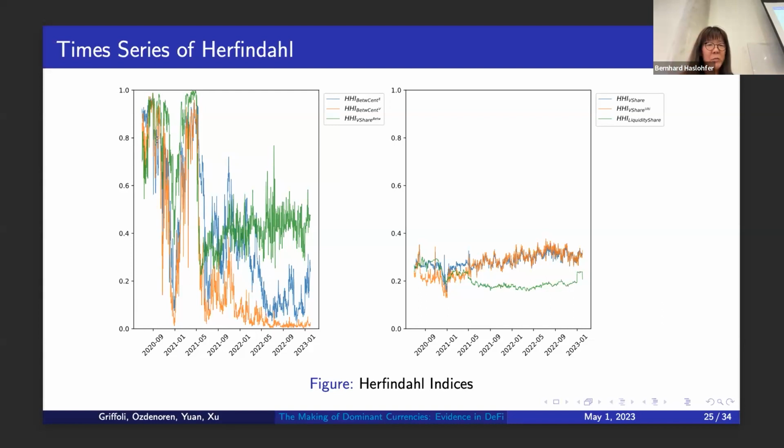So that's one way to think about this. In the early days, there's a huge concentration. And later, as a medium of exchange, you see the dominant currency around 3, quite relatively stable. But for other roles, there's lots of regime switching.